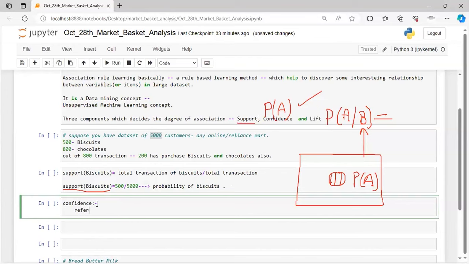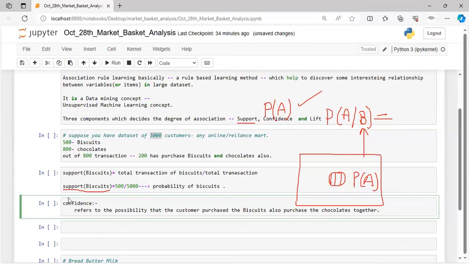It refers to the possibility that the customer who purchased the biscuits will also purchase the chocolates together.